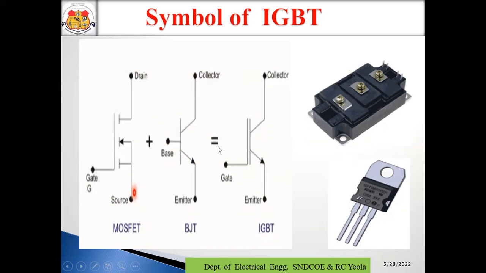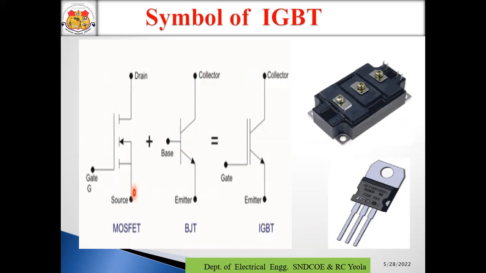So IGBT is the combination of these two devices. So a new device is given, that is known as the IGBT. IGBT has three terminals: gate, collector, and emitter. This arrow shows the emitter terminal.